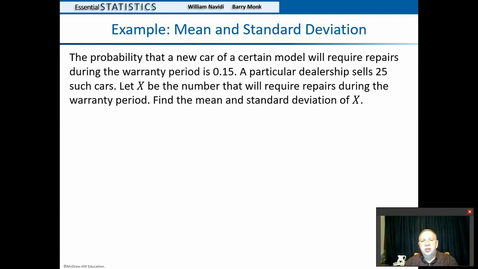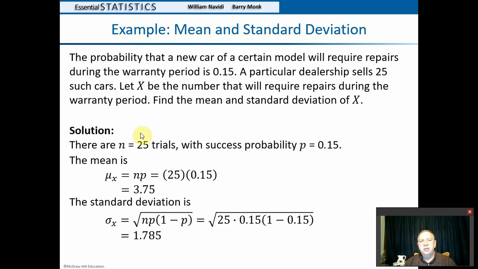The probability that a new car of a certain model will require repairs during the warranty period is 0.15. A particular dealership sells 25 such cars. Let X be the number that will require repairs during the warranty period. Find the mean and standard deviation of X. So if I do the 0.15 times the 25, here's the mean: 25 trials, probability of success 0.15.